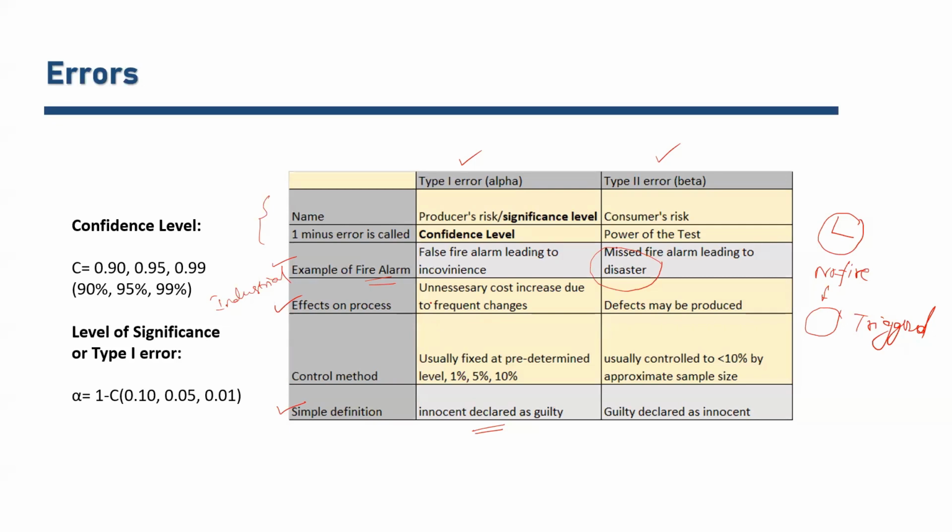So what it will do is unnecessarily increase the cost due to frequent changes. You have to change the machine and halt the production, so you might incur some revenue loss as well, right? But if, for example, your bottles are getting produced with 157 cc, and the alarm didn't get triggered, it will lead to defects, or you might lose out volumes of your perfume.